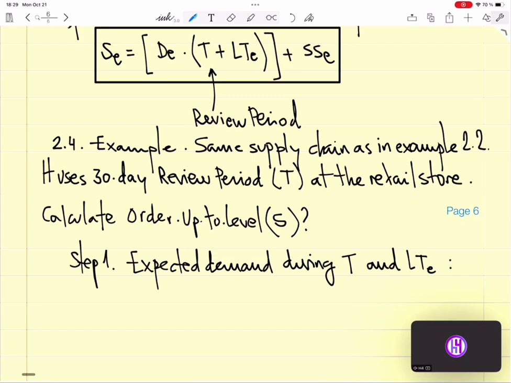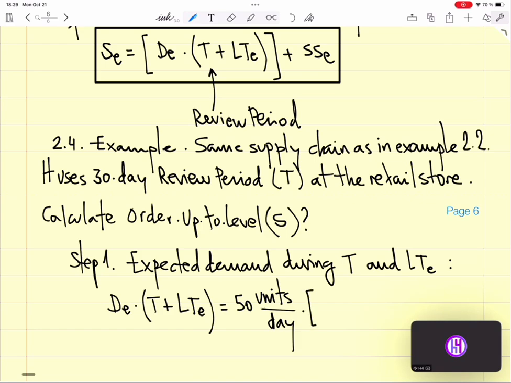So this is average demand times T plus LTE. This is 50 units per day. We have the data above, that's why I don't copy them.